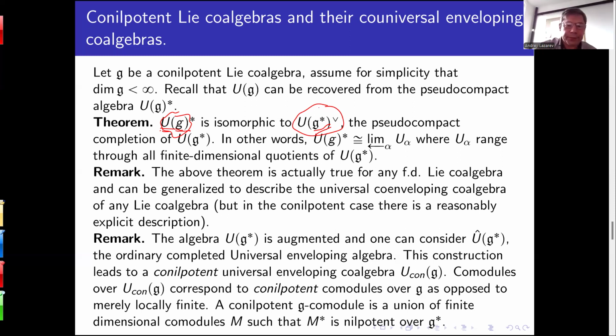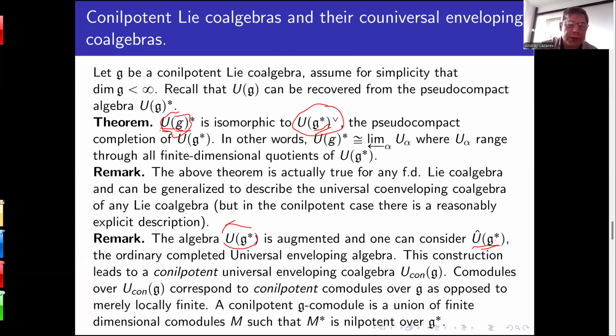Notice that this algebra, the universal enveloping algebra of G star, is augmented. All universal enveloping algebras of Lie algebras are augmented. And we can simply consider the much easier completion, the completion at the maximal ideal of this algebra. This construction, or its dual, phrased in terms of coalgebras, leads to a conilpotent universal enveloping coalgebra.